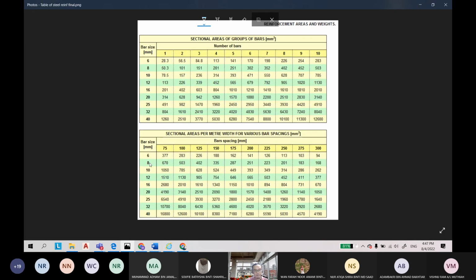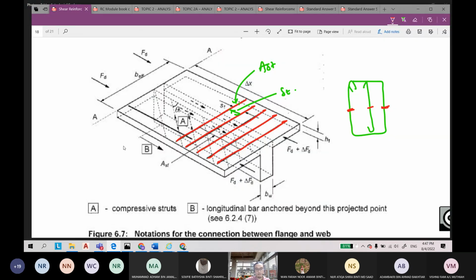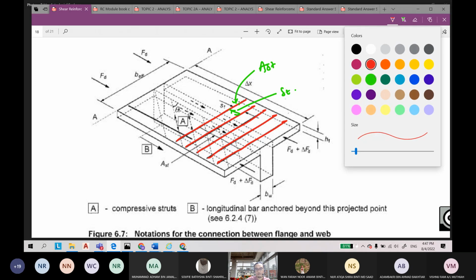Okay, H8 at 200. So this table is for various bar spacing, you can see at the bottom here. This is the size of bar 8, and the spacing is 200. So for every 1 meter run, we must design for every 1 meter, just like the slab.